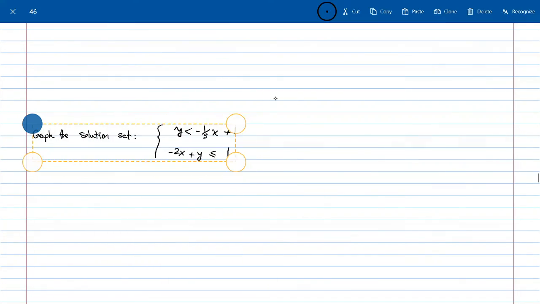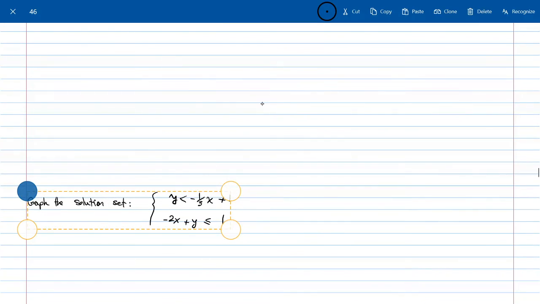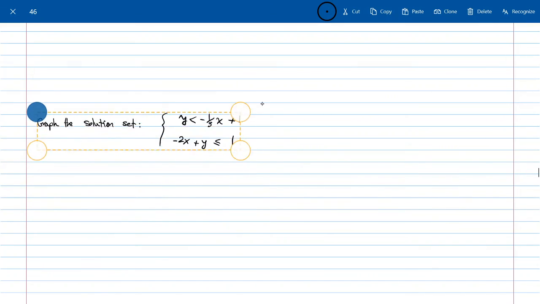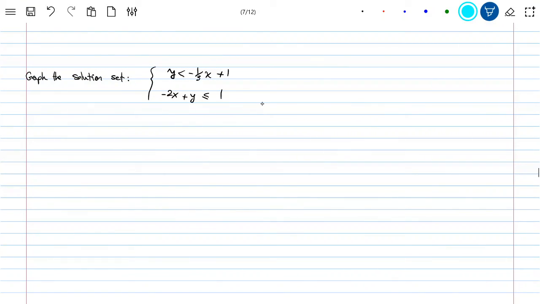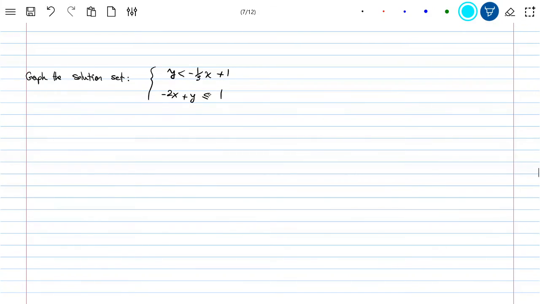Okay, we have space, lift this up. So we want to find the solution to this system of inequalities, which means find each one separately and then take their intersection. So I'm going to assume that I don't know this is a system.